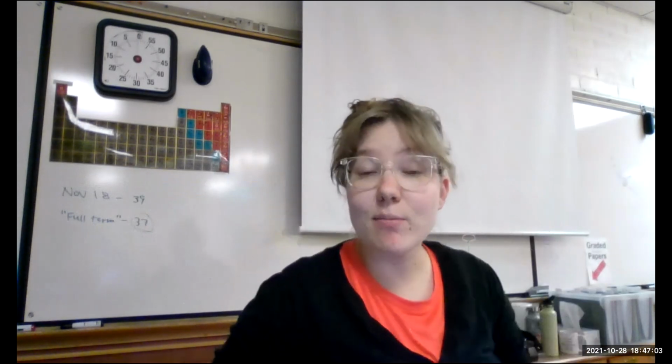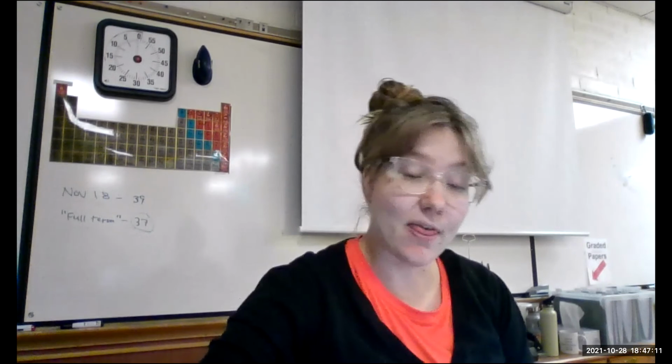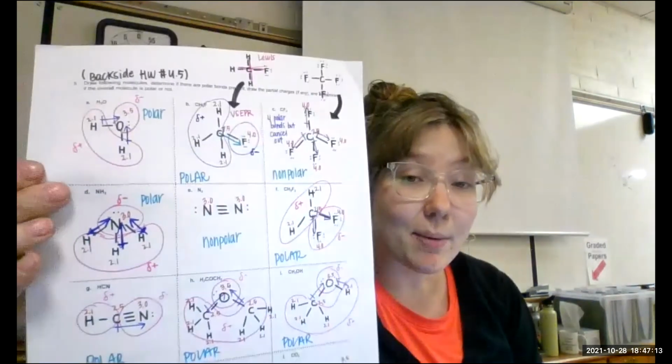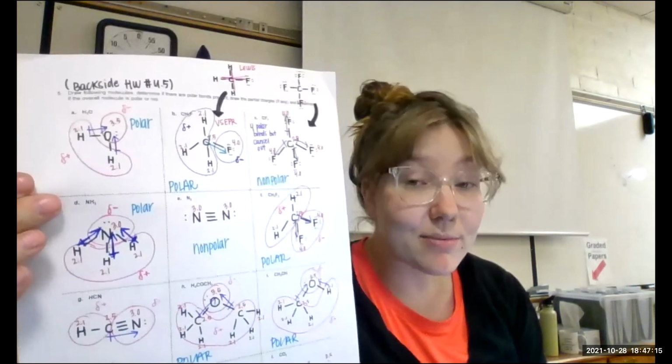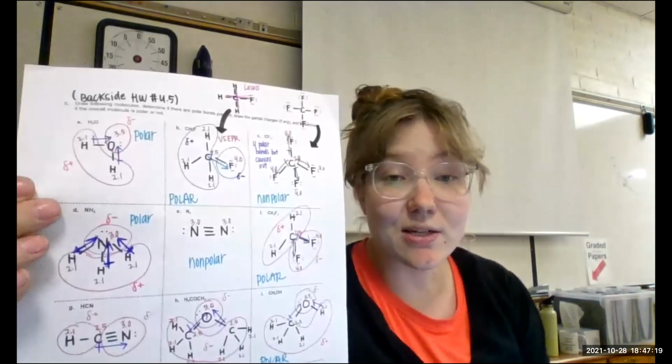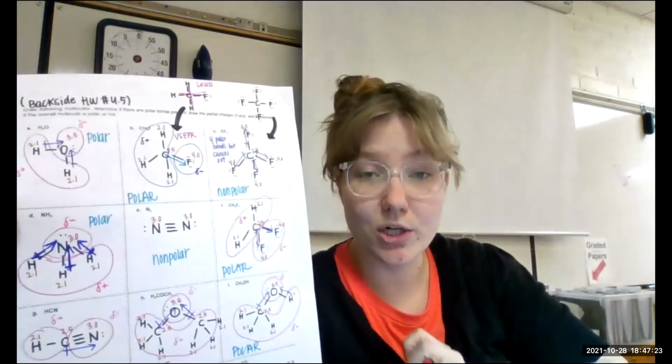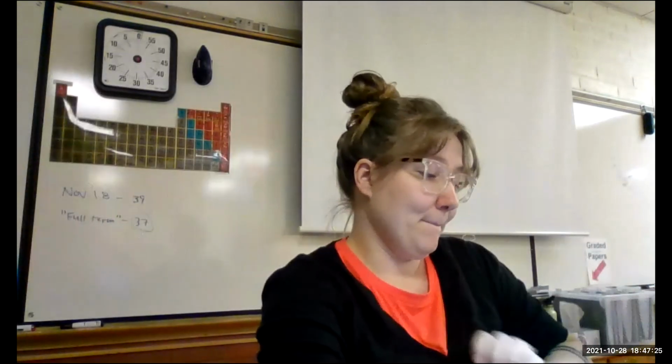Stuff like that is in the multiple choice section. Stuff like draw a certain molecule like this. I copied and pasted several problems from the homework onto your test. So these are the ones that you will need to draw on the free response portion. Okay, good luck.